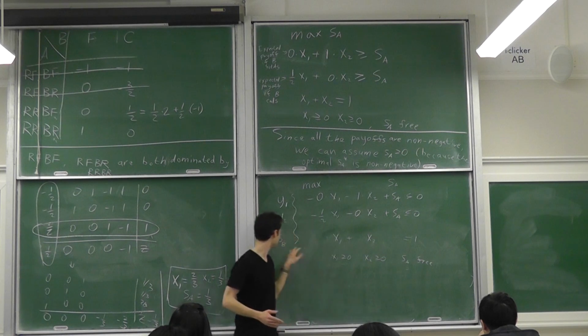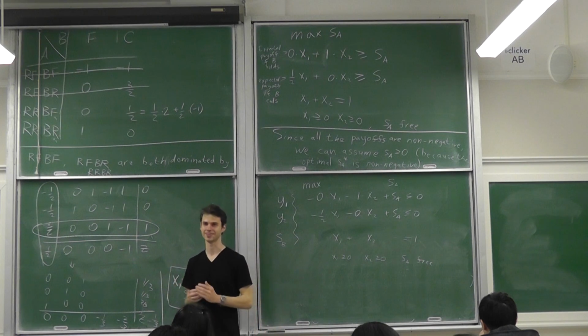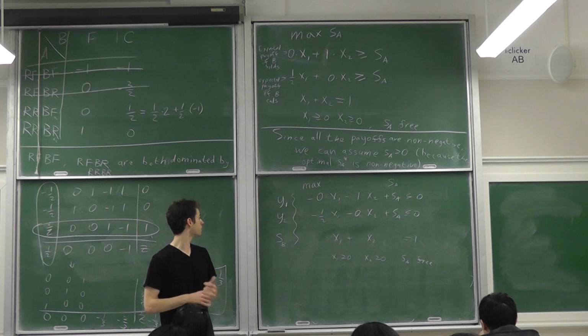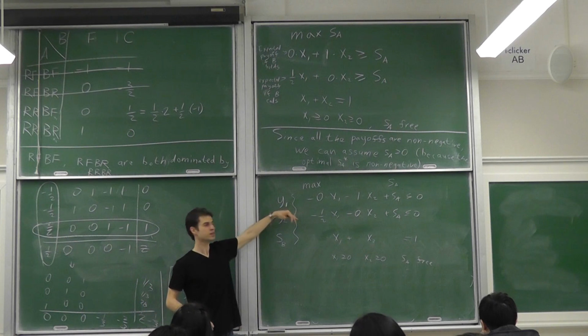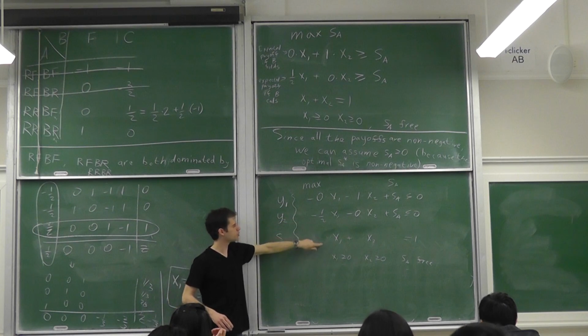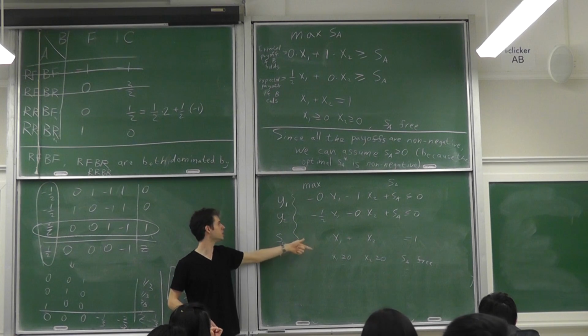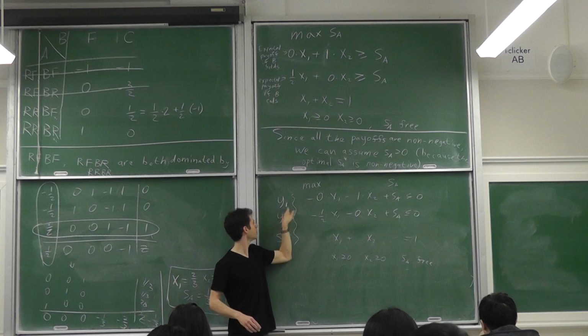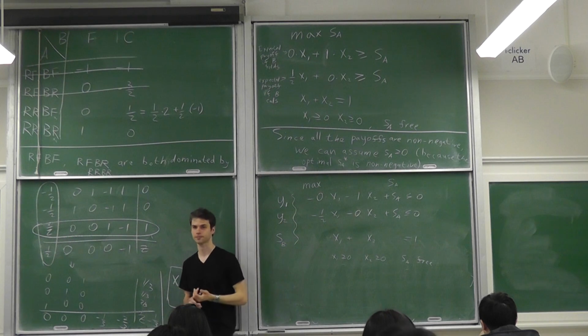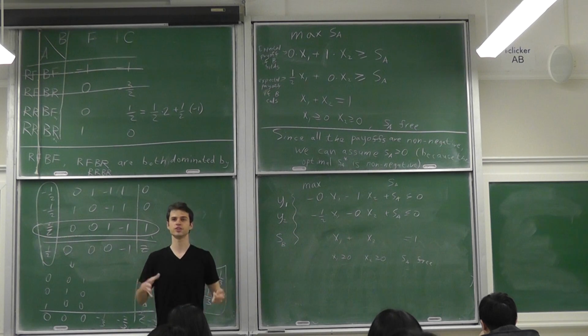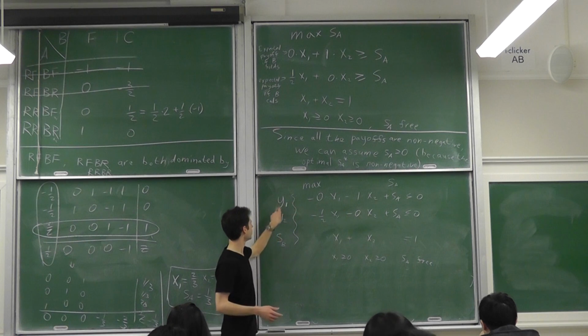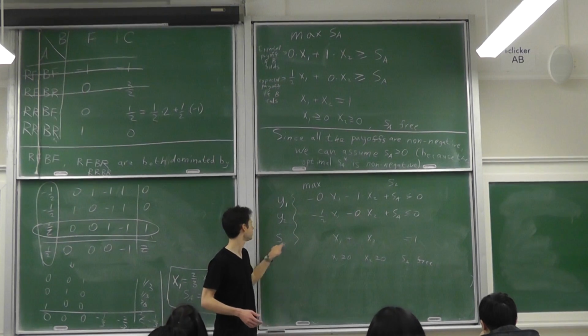And another reason, well, the reason for the B will become clear later. So the idea is, let's take these inequalities, or in this case equality, one of them is equality, and multiply them by y1, by y2, and by SB. And let's take the sum. This thing times y1, this thing times y2, this thing times SB.